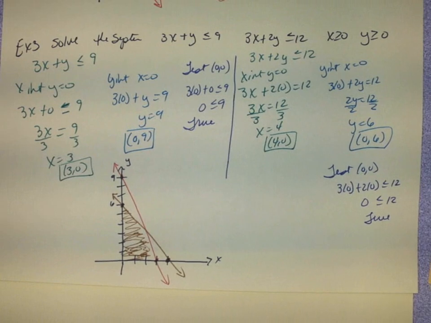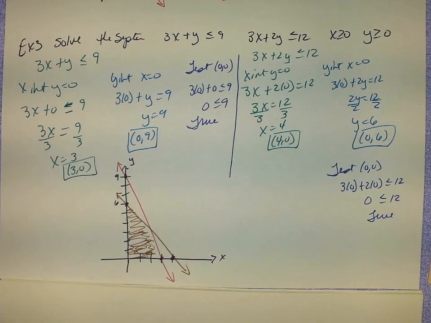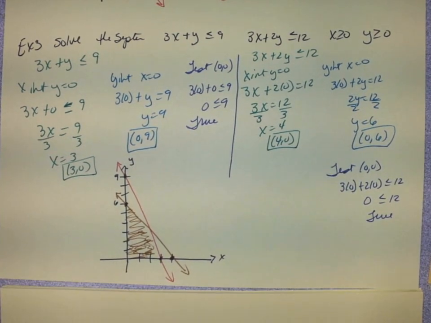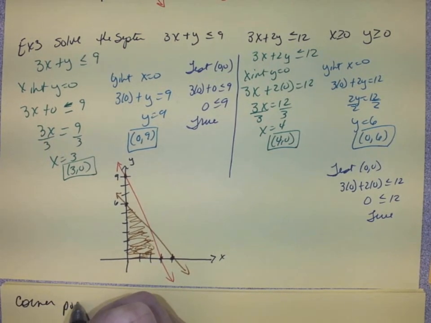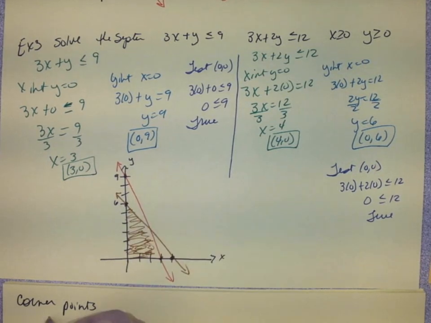So for the corner points, we're looking at those intercepts. So we know that it is 0, 6 for the y-intercept.